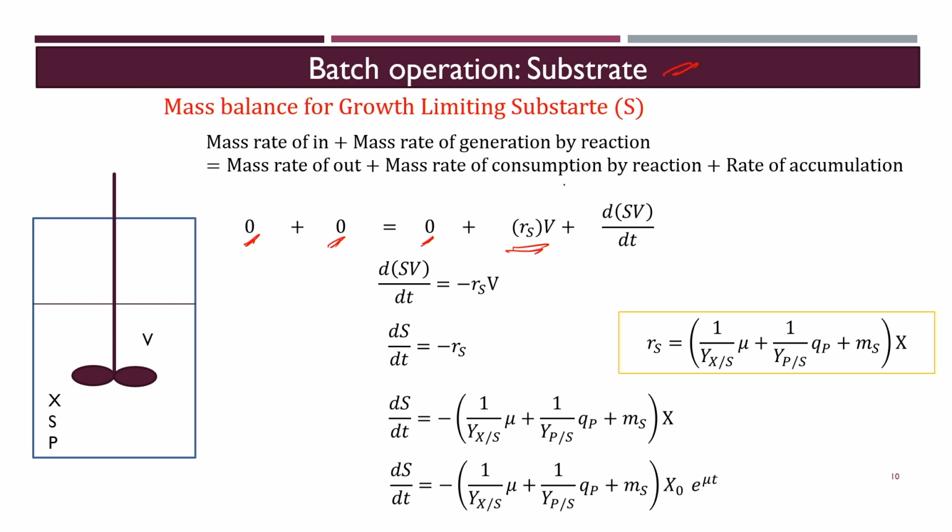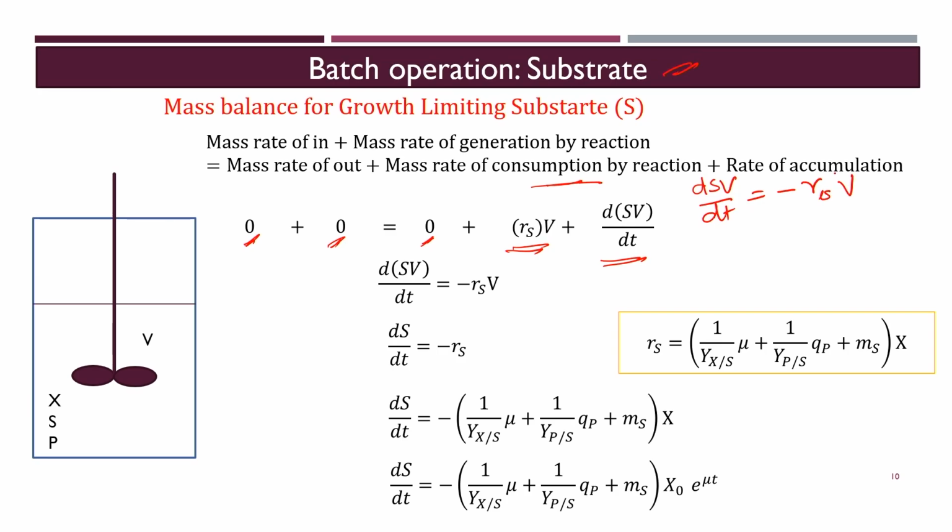Here there is a consumption of substrate, which we write as RS into V, and this is the rate of accumulation of substrate. So it becomes dSV upon dt equals minus RS into V.